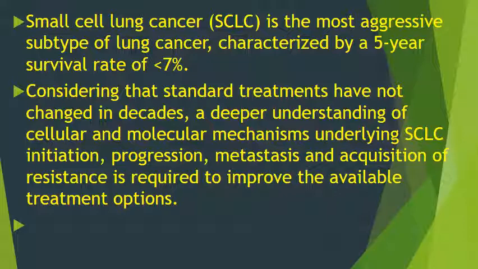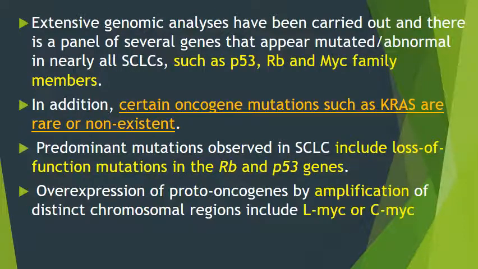Also, in such a type of tumor, there is a certain mutated gene that is found in such a group of tumors. Extensive gene analysis that was carried out shows there is a panel of genes that appear to be abnormal or mutated in such a group of tumor or cancer.